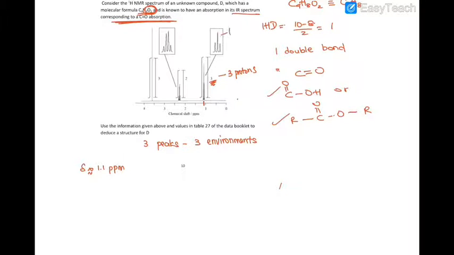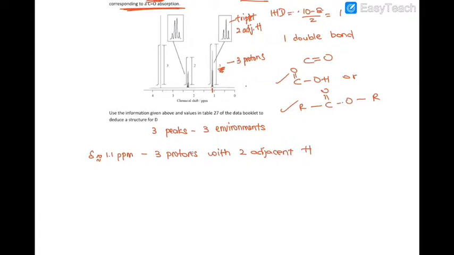And you see it splits into a triplet, which means that it has 2 adjacent hydrogens, 2 neighboring hydrogens. Because we have 3 protons, most probably it's a CH3, and with 2 adjacent hydrogens, most probably it's attached to a CH2. So it's this peak.